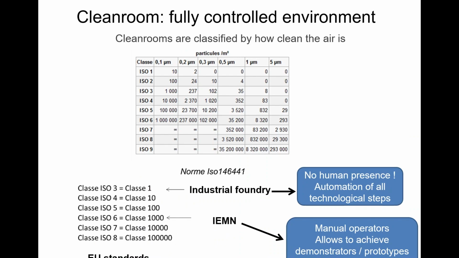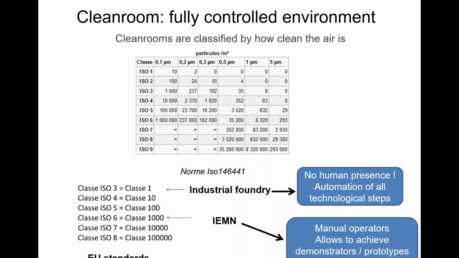There's no human presence. Everything is automated, even this very large 8-inch wafer or even more. In our lab, we have a 1,600 square meter clean room. It's a class 1,000. It's manual operators, so people are doing their own lithography themselves.